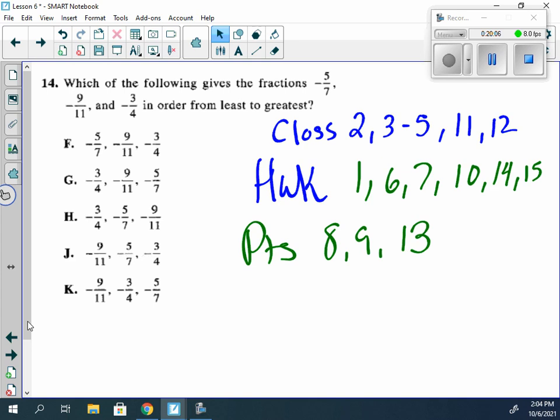If you get it turned in within the 2 weeks, you'll get the points and the grade. After the 2 weeks, you will get the grade, but not the points, okay? But that is it for today.